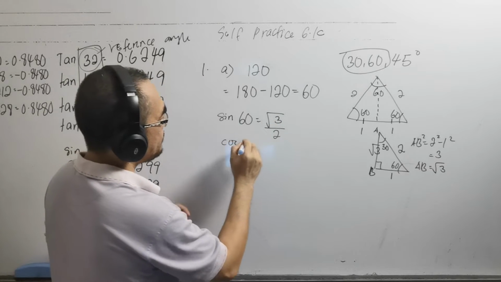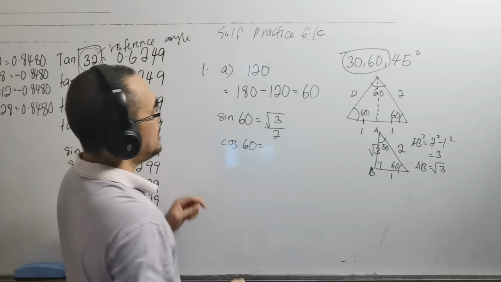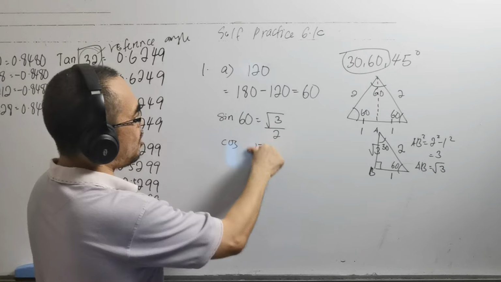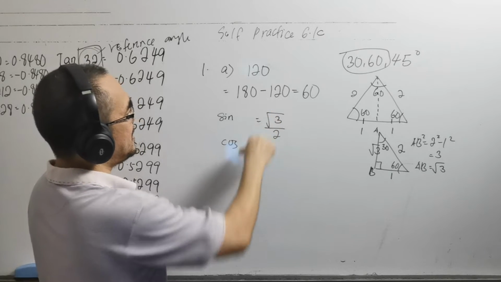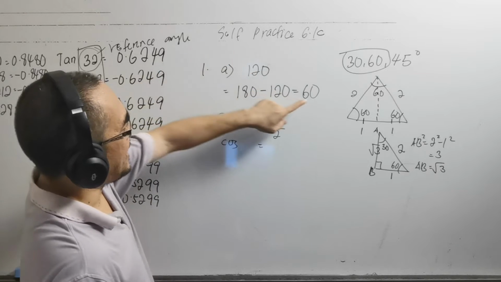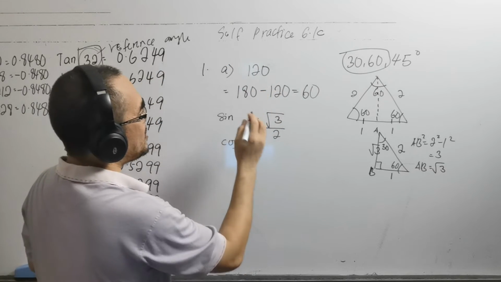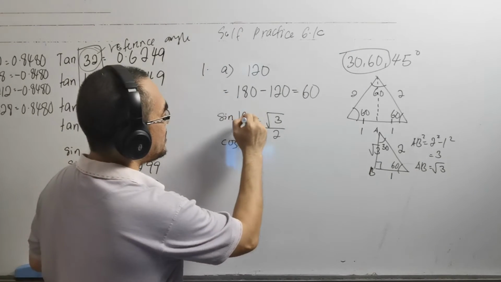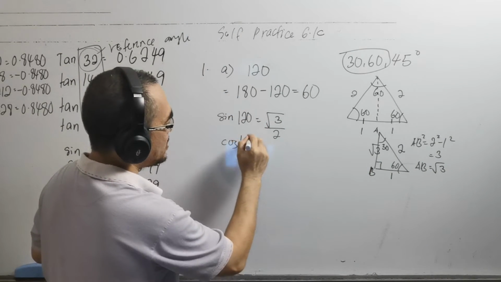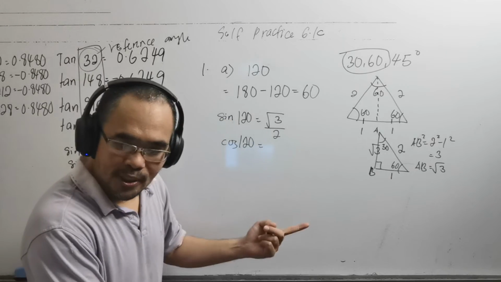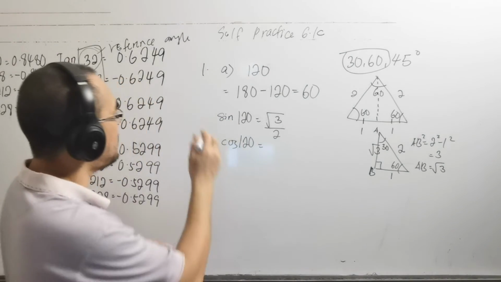Actually we do not want 60, but we want 120, based on 60. Sine 120 is positive because it's in quadrant 2.